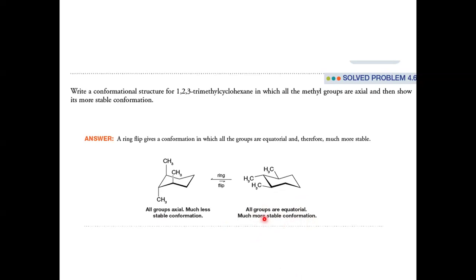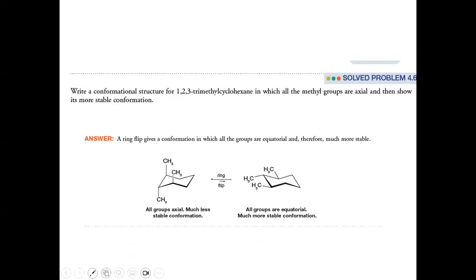So, much more stable conformation, but it is wrong, the arrow should be here, the larger arrow should be to the part where it is more stable. Okay, you know it. But the rest, this is more stable than this.